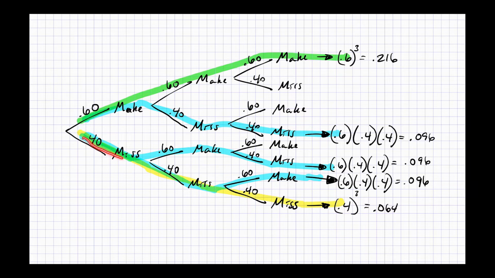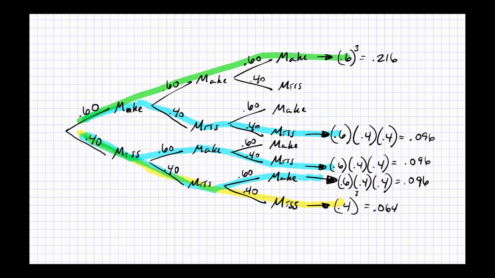There was one path for all misses. There were 3 paths for one make. And then we didn't do 2 makes, but there are 3 as well. That'll tell us that.